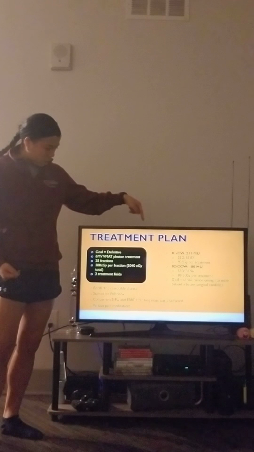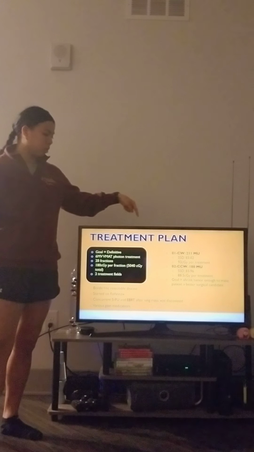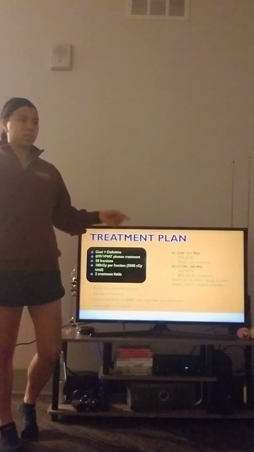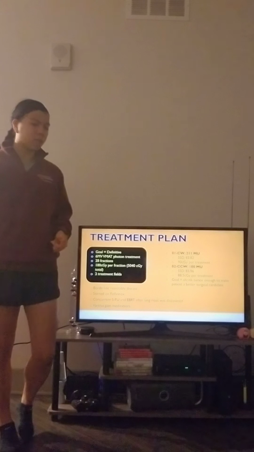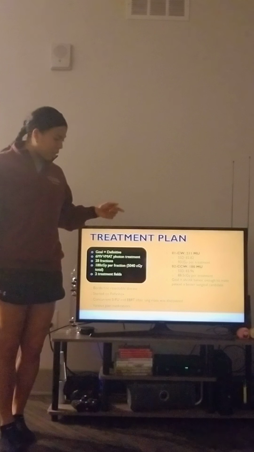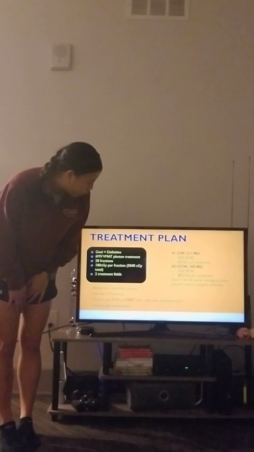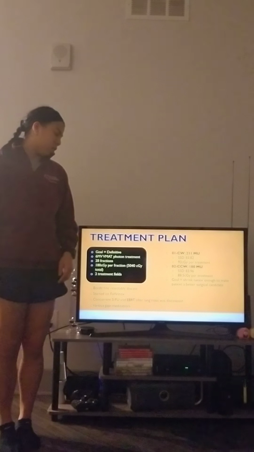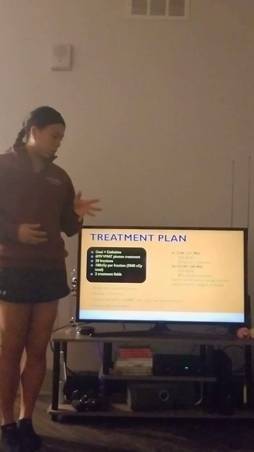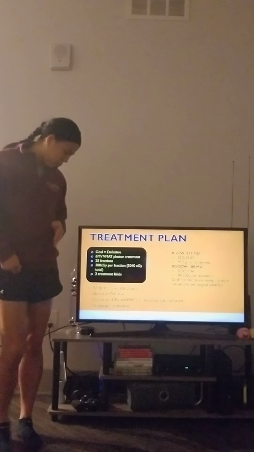His first field was clockwise at 211 MU with SSD at 83.82, 93 centigray per treatment. His second field was counterclockwise at 180 MU, 83.96 SSD, 88.5 centigray per treatment. As I said earlier, the goal of all this radiation treatment with his concurrent chemo was to shrink the tumor enough to make him a better surgical candidate.